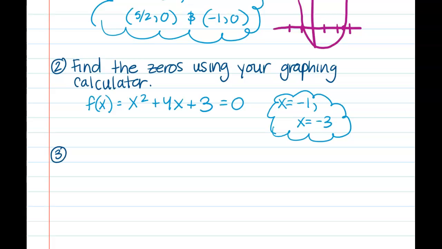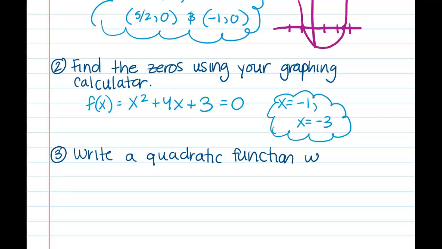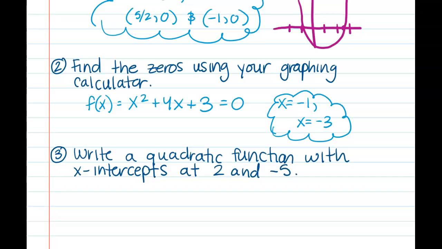Sometimes you're asked to write a quadratic function with x-intercepts. And again, this could be phrased as zeros, roots, solutions, all the same, remember. So write a quadratic function with x-intercepts at 2 and -5.